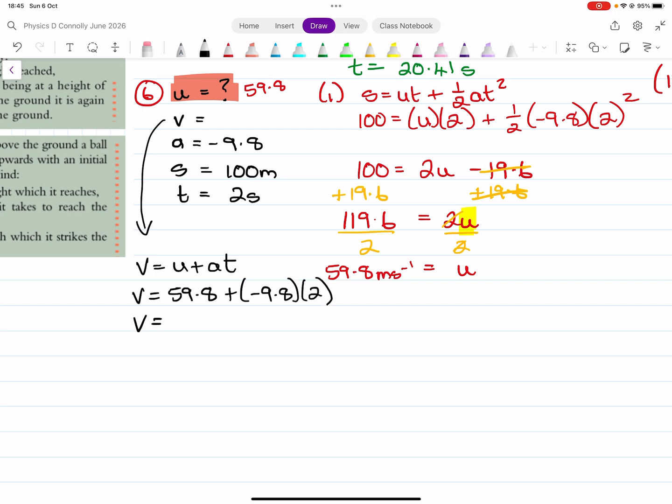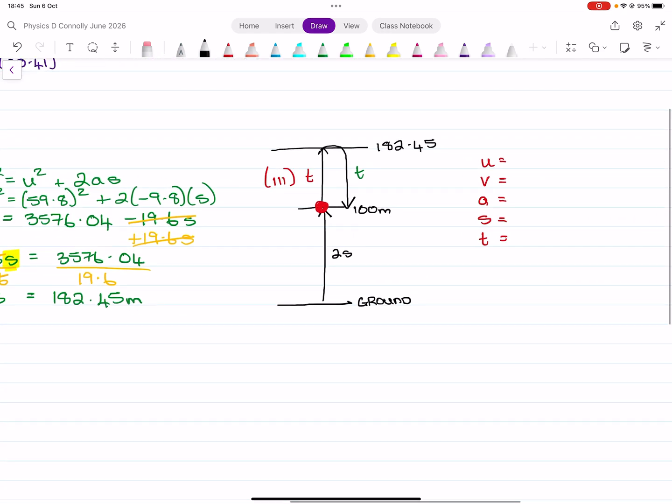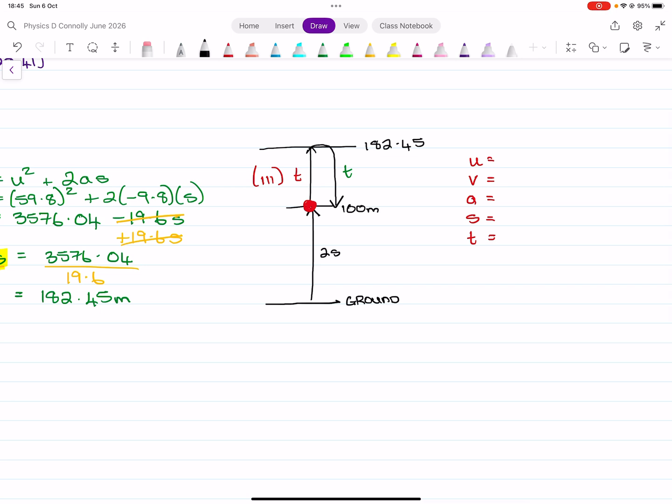So that is 40.2. So when it gets to the red dot, it has a velocity of 40.2. So that's the initial velocity for the red bit of the journey.